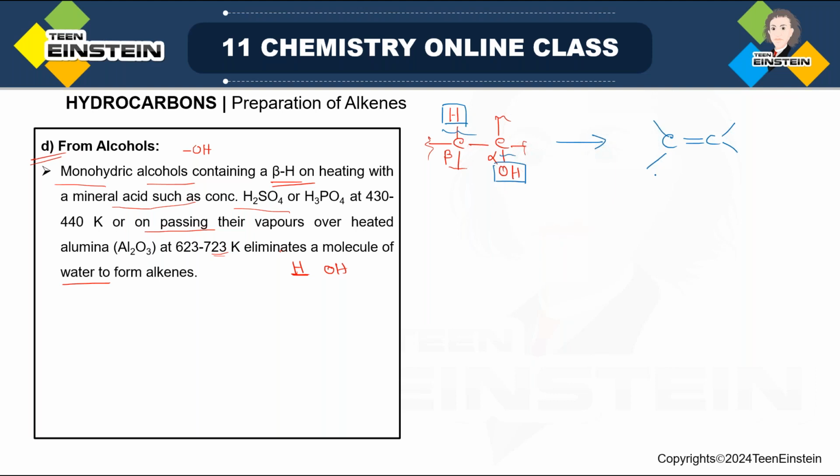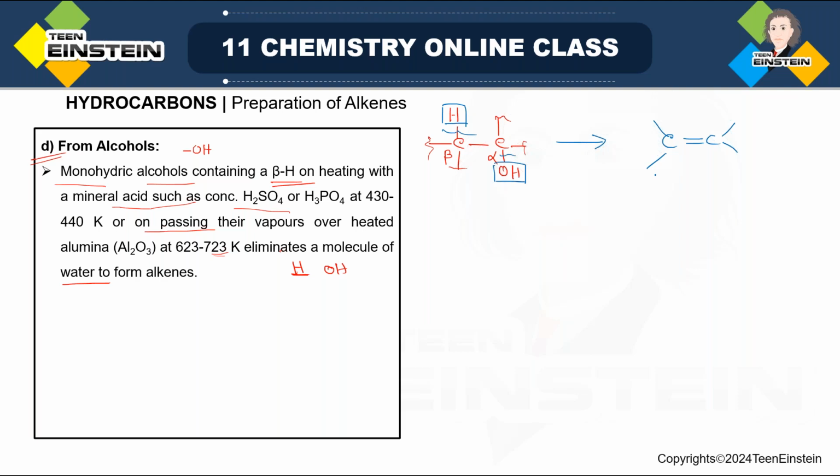Fine. Now if the alcohol is a symmetrical type of alcohol, I am trying to say when there is only one type of beta hydrogen present, in that case there is no question of which one will be major, because you just have one type of beta hydrogen. But suppose there is more than one type of beta hydrogen, in that case the question of major and minor arises.